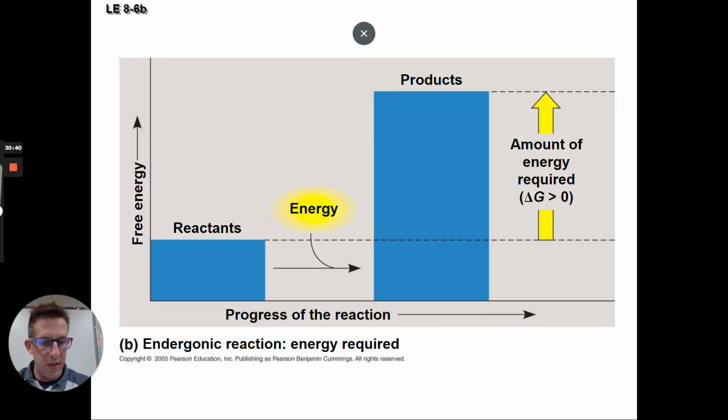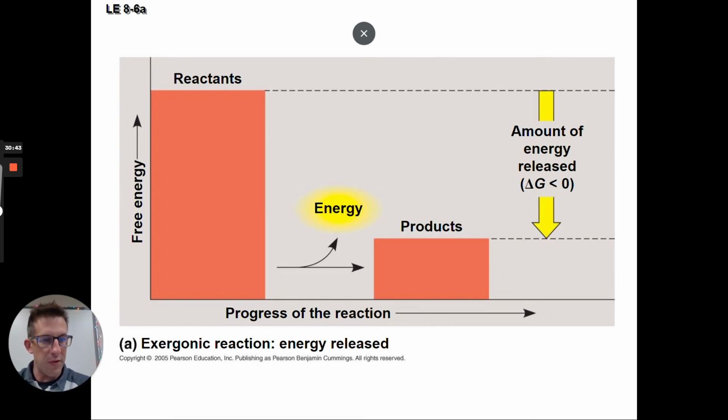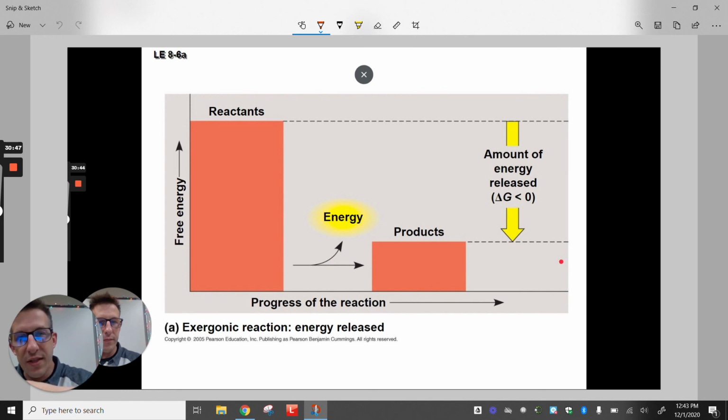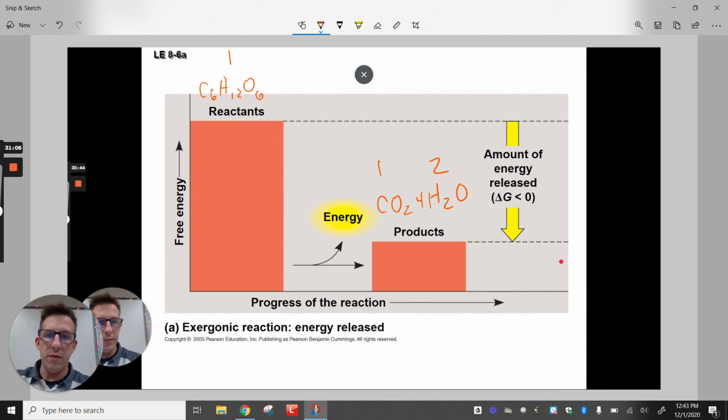Contrary to the one I just showed you, let me take a picture of this one and draw on it. If we have the reactant C6H12O6, that's one thing, and it breaks into the products of CO2 and H2O, which are the products of cell respiration. We notice that we end up with two things. We have increased the disorder. So this relates back to our stipulations for spontaneous reactions.